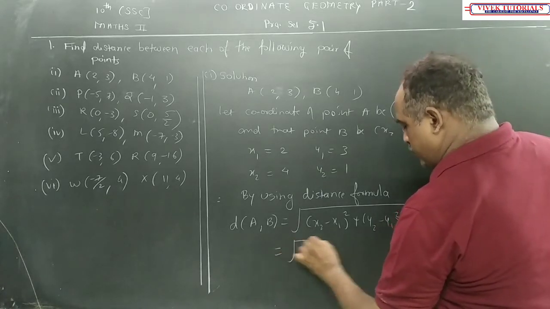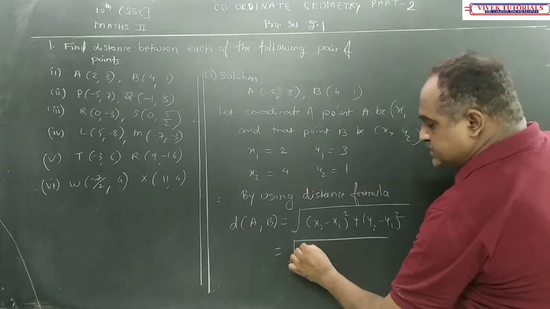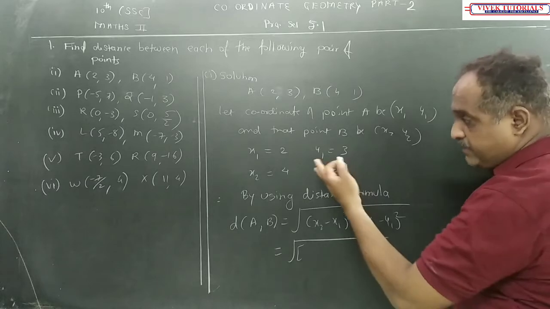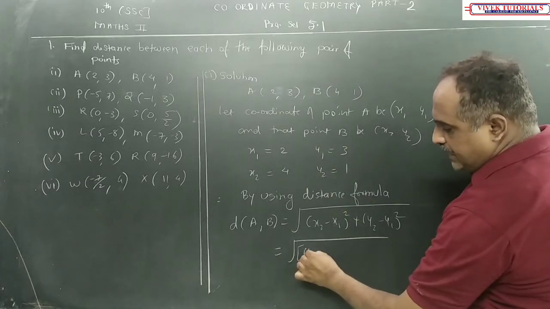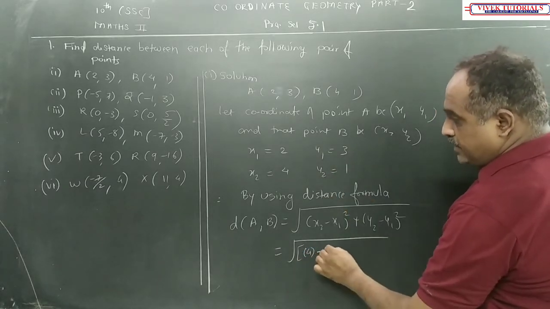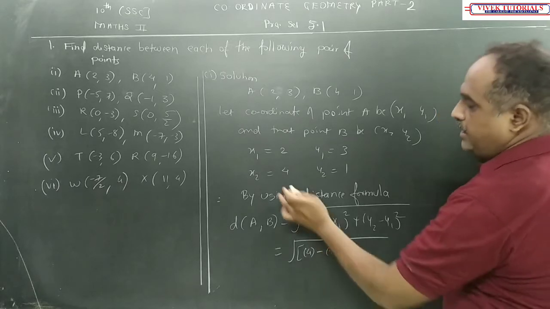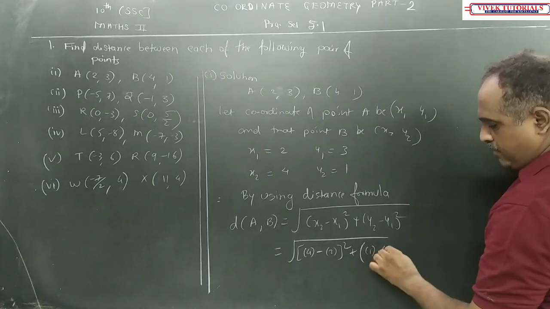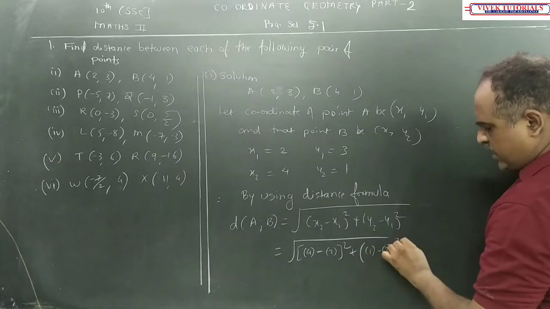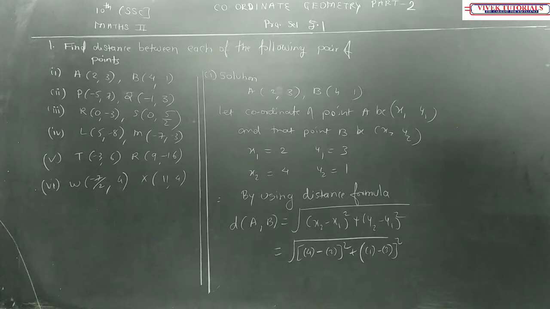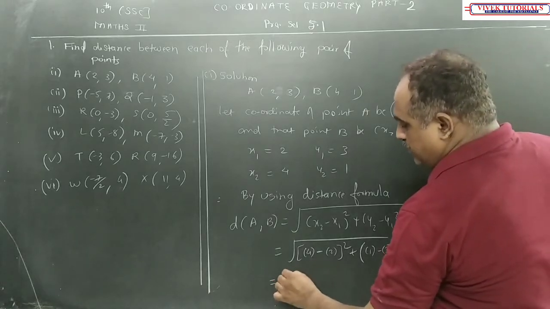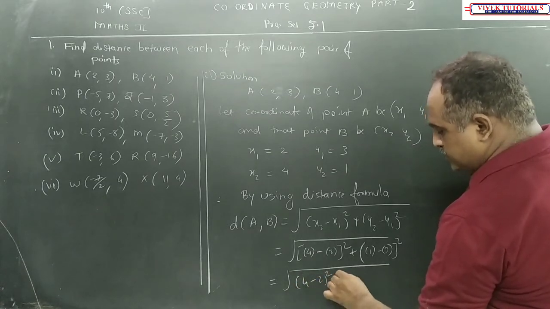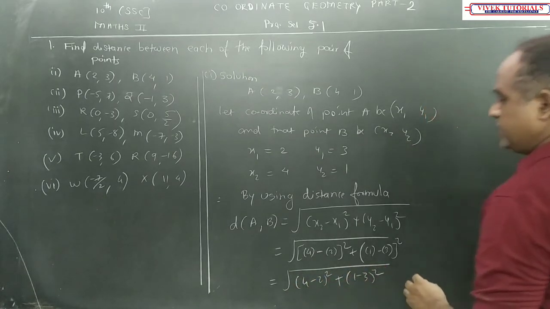That is equal to root of. Please put in a square bracket, because whatever values are there may have a negative sign. So put it like this: 4 minus 2, x2 minus x1, plus 1 minus 3. Students, one step will increase, but it will help you. There will be no silly mistake if you do it this way. So I am getting 4 minus 2 the whole square plus 1 minus 3 the whole square.